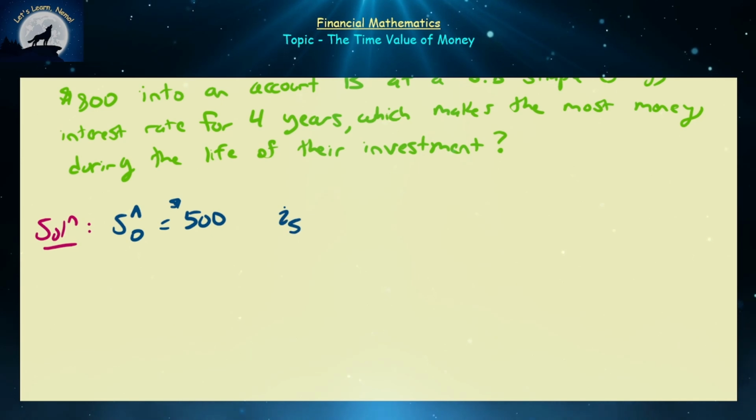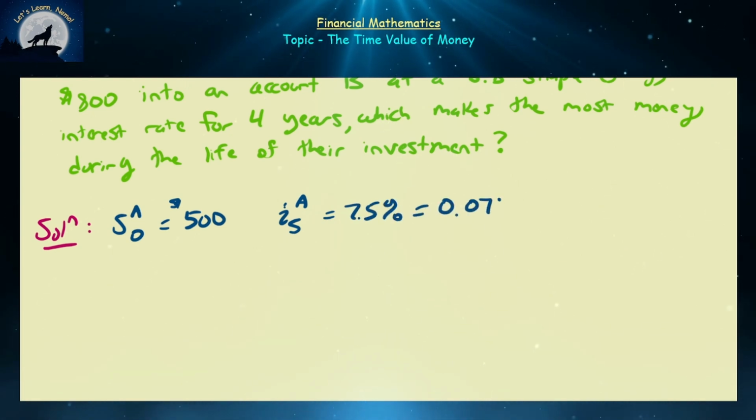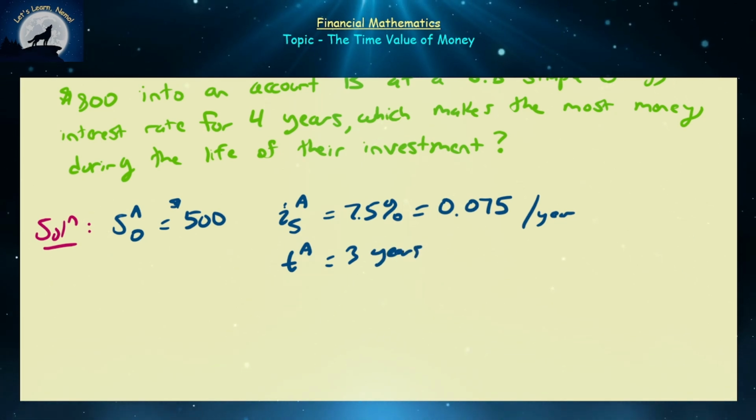The simple interest rate for that particular account A was equal to 7.5%, which keep in mind is 0.075. And the length of time that we keep that in there, and keep in mind that's per year, the time that we keep it in account A was going to be equal to 3 years. So since both of them are in terms of years, we don't have to do any conversions.